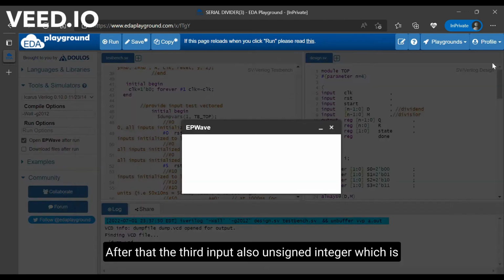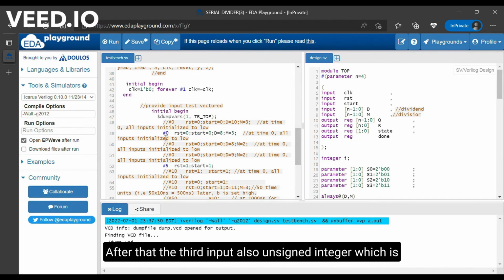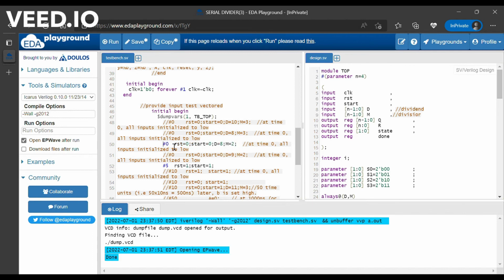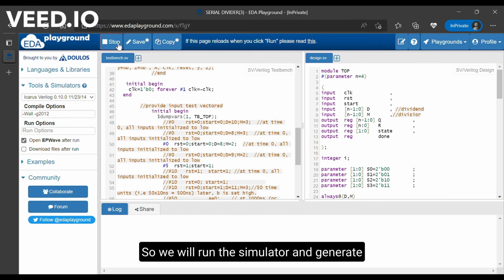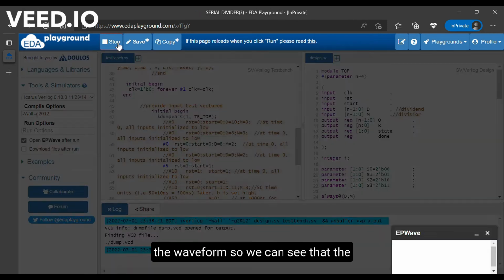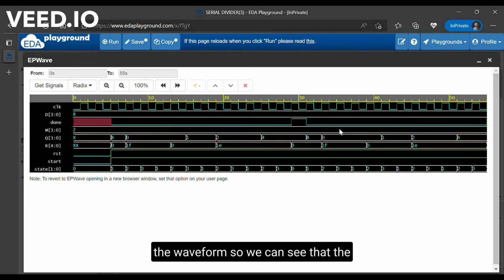After that, the third input is also an unsigned integer, dividend equal to 8 and divisor equal to 2. We will run the simulator and generate the waveform. We can see that the quotient is 4 and the remainder is 0.